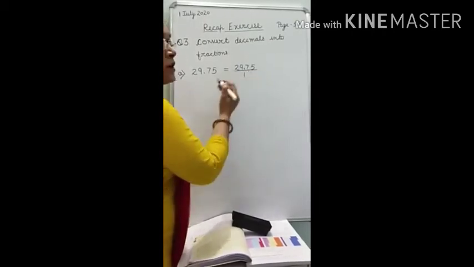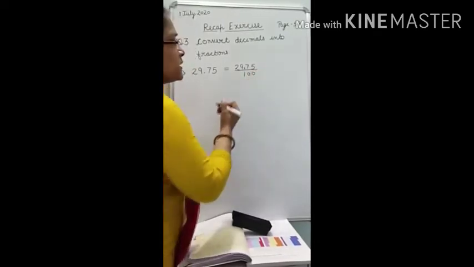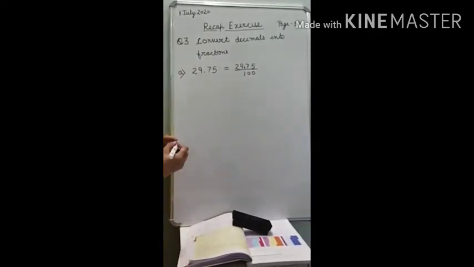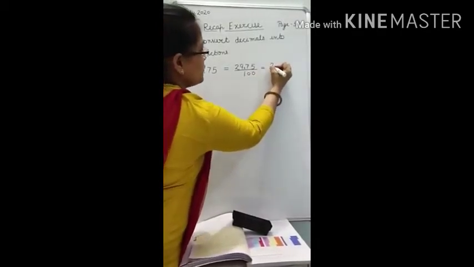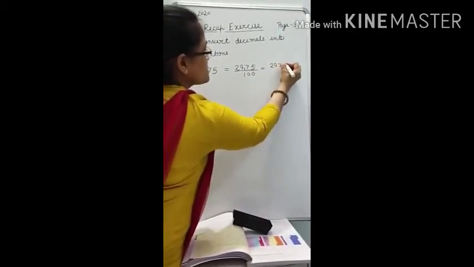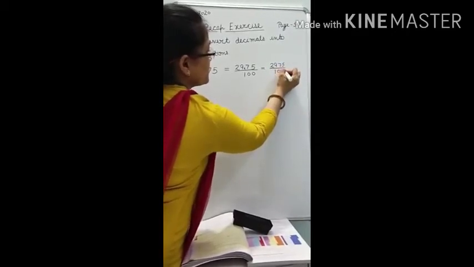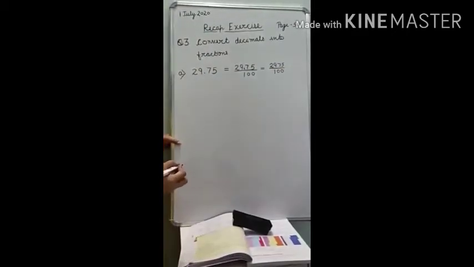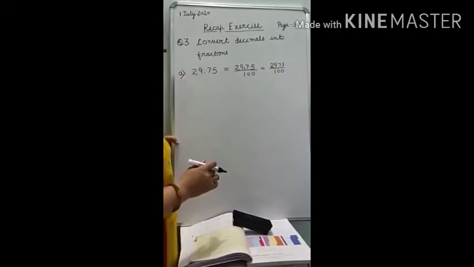There are 2 digits. So you will write 2 zeros in the denominator after the 1. So your answer will be 2975 divided by 100.